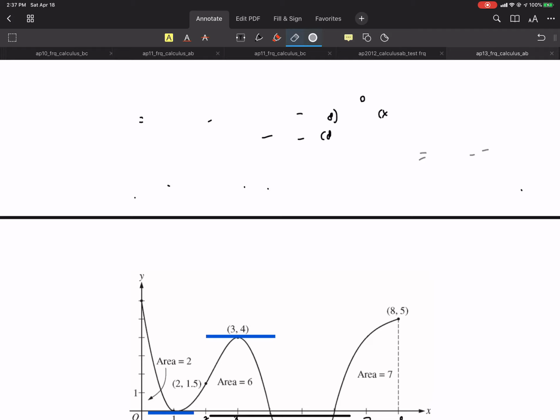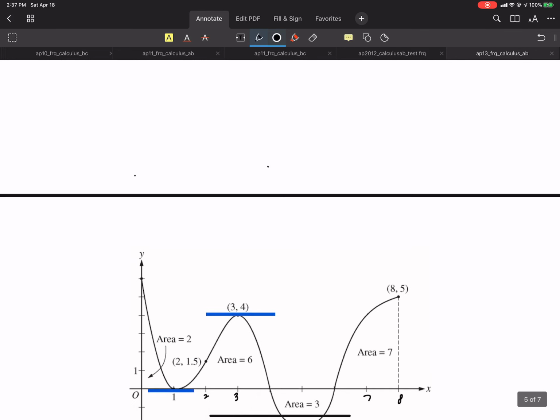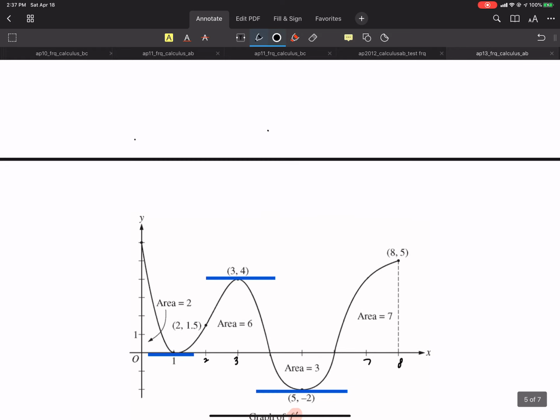Sorry, OCDers. Okay, this one's kind of tedious, so let me write on top what they want. They want concave down and increasing. So I'm going to give myself a note: concave down and increasing. That's what we're looking for in part C.